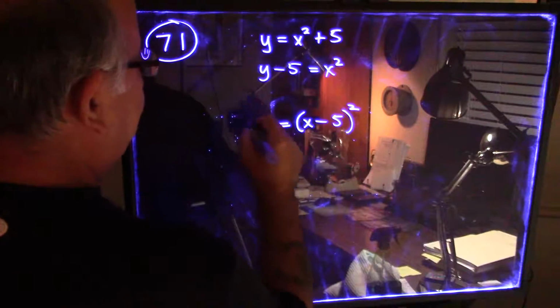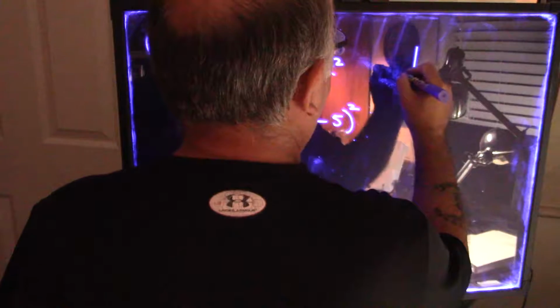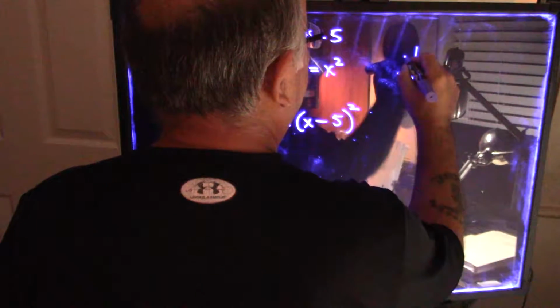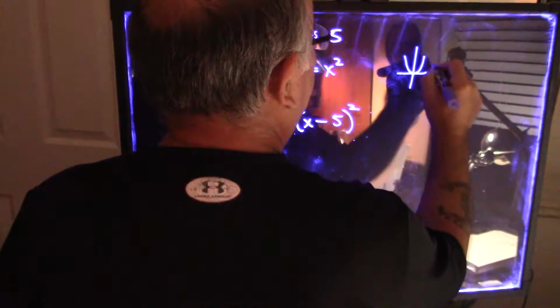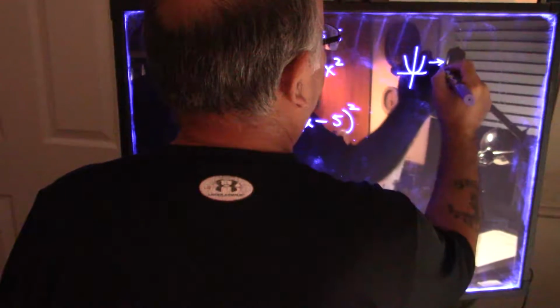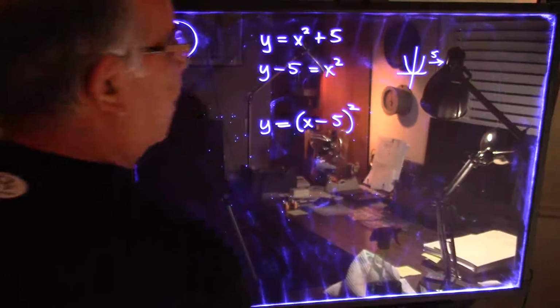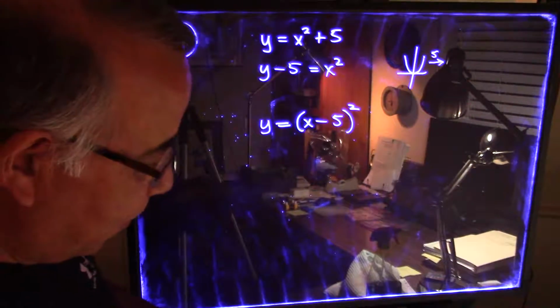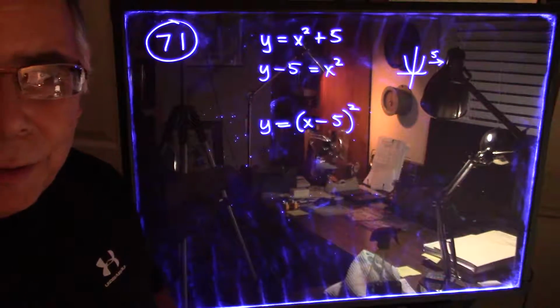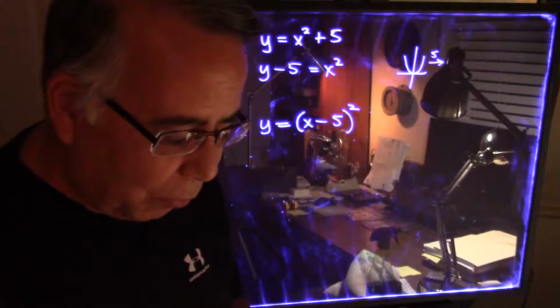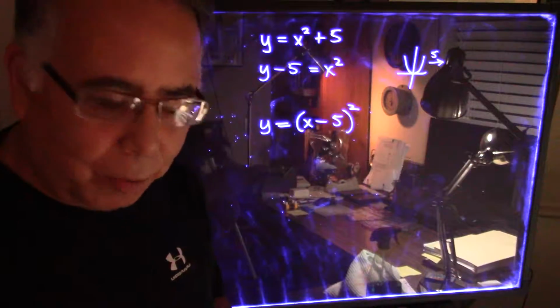So you take y equals x squared, which looks something like this, and you move it to the right 5 units. So it'll be over here somewhere.